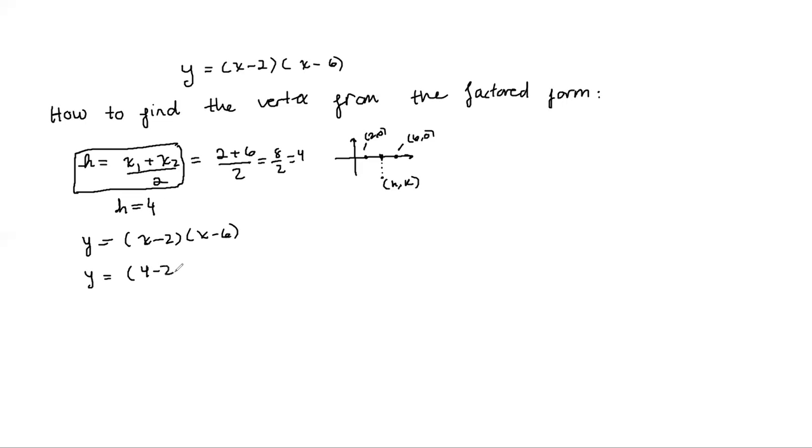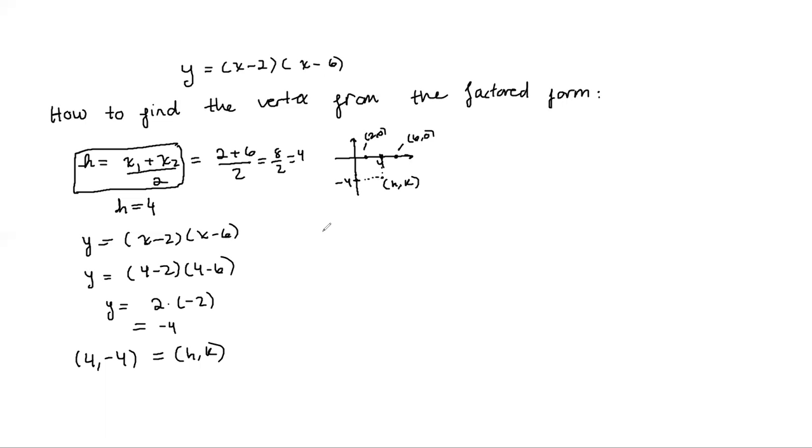So 4 minus 2 times 4 minus 6 gives me y is equal to 2 times minus 2, and that is just minus 4. So we have found the point (4, -4), and that is simply our vertex. And it makes sense, because the value of k is in the minus.